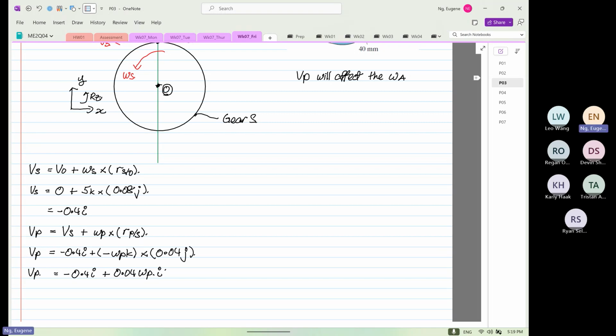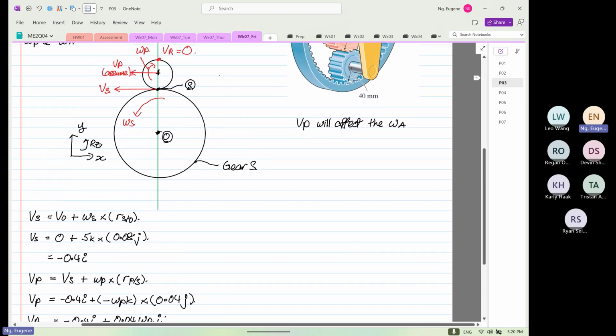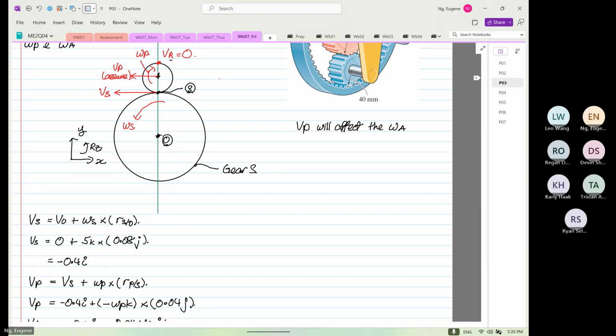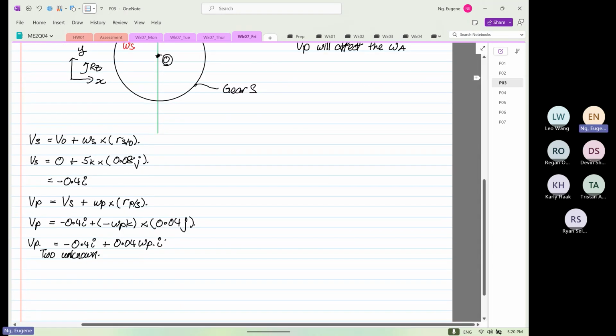Okay, so there are two unknowns, and we still cannot solve it. We can use another point, where we know our V R point is equal to 0. So we can also use this formula: Vs is equal to VR.